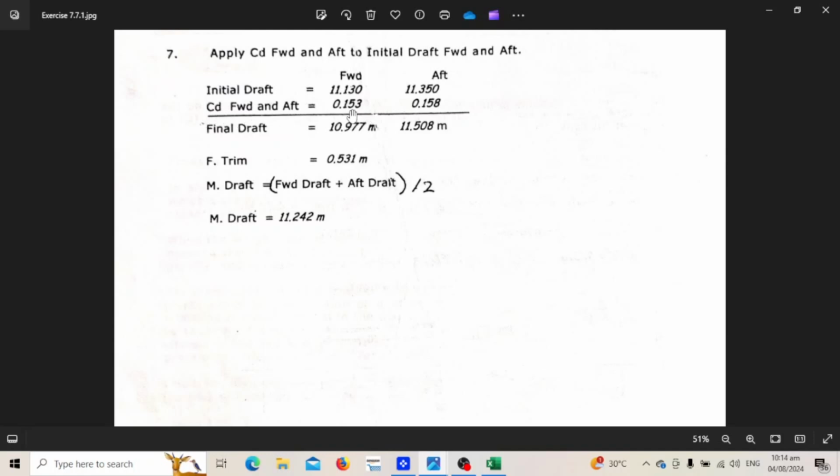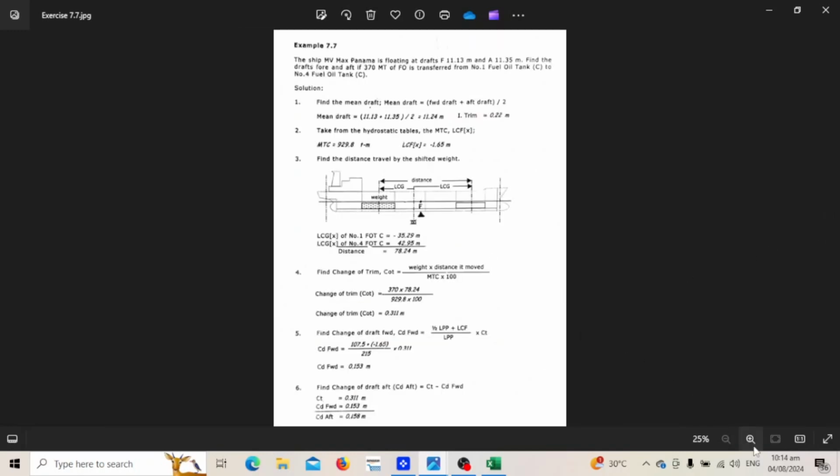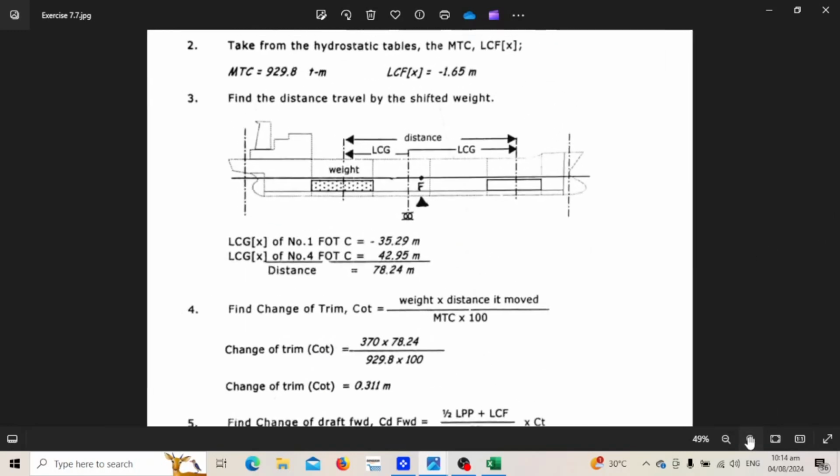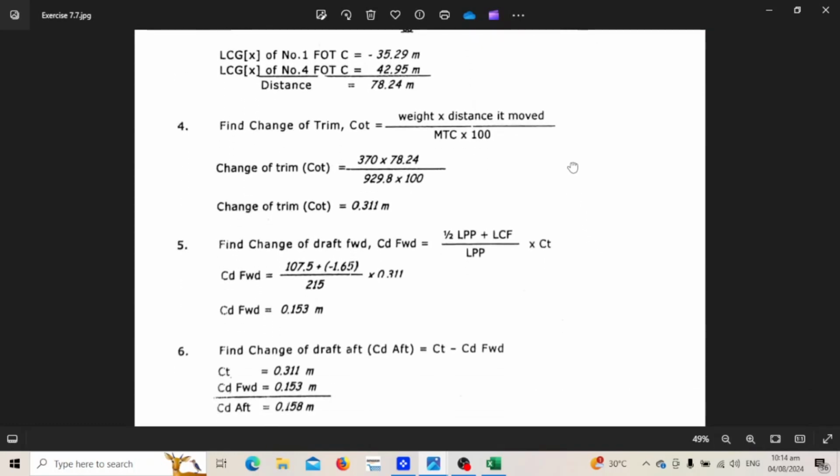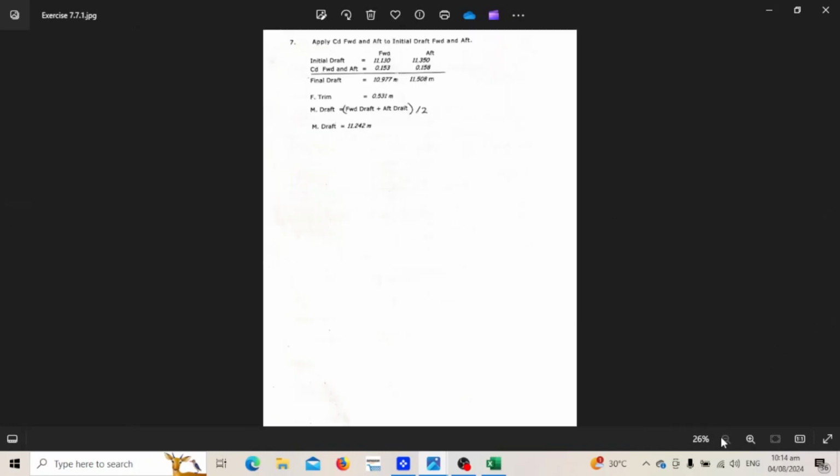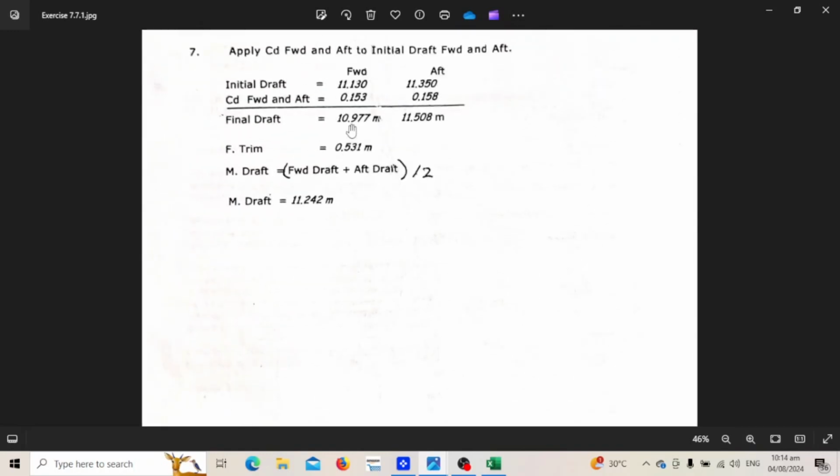So the forward change of draft is 0.153 and your up draft change of draft up is 0.158.